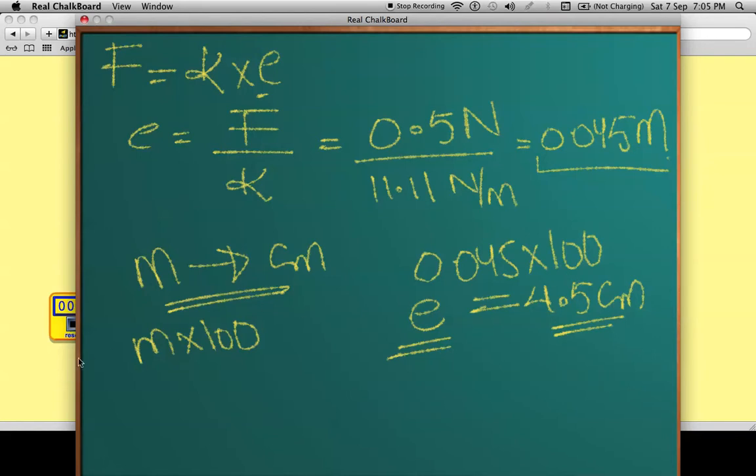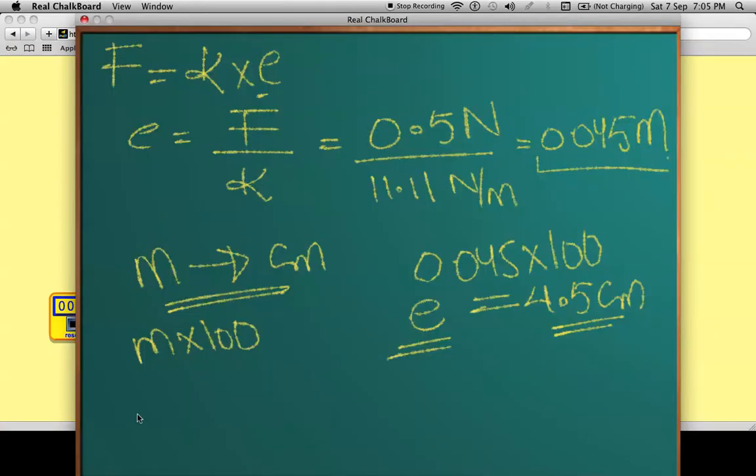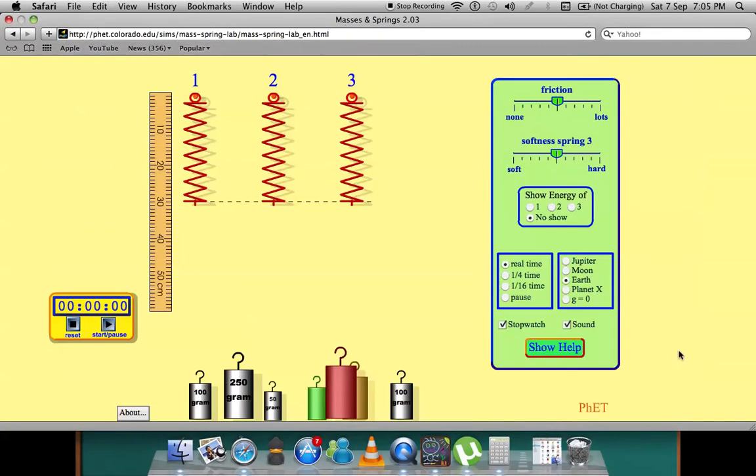So whatever the original length is, it will go down by about 4.5 centimeters. If the original length is 30, the final length would be 30 plus 4.5. This would be 34.5 on the scale. So let's see if physics is actually working.